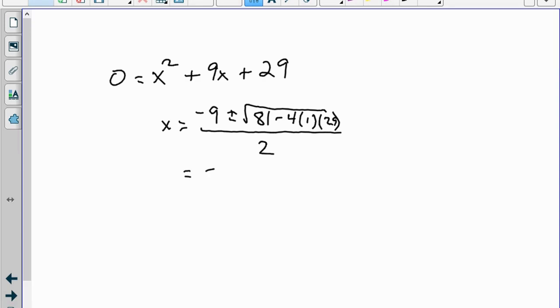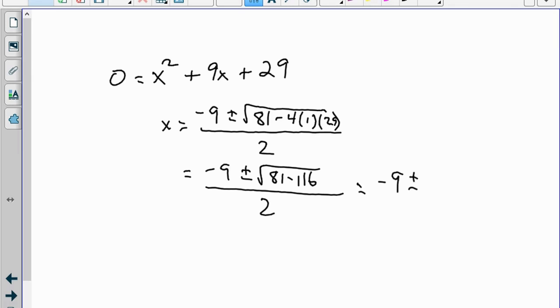So x ends up equaling -9 plus or minus the square root of 81 minus 116 all over 2. 81 minus 116 is -35, I believe. So I get -9 plus or minus the square root of -35 over 2.